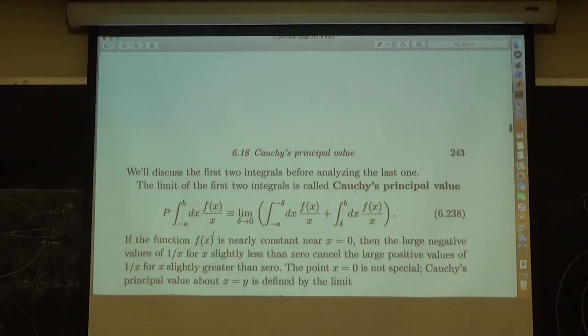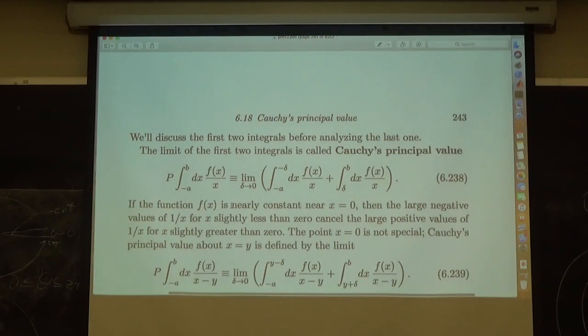So the principal value of the integral is a limit, delta going to 0, and you integrate from minus a to minus delta, and then you integrate from delta to b. And if the function f is nearly constant, then this thing is finite, and it could even be 0.